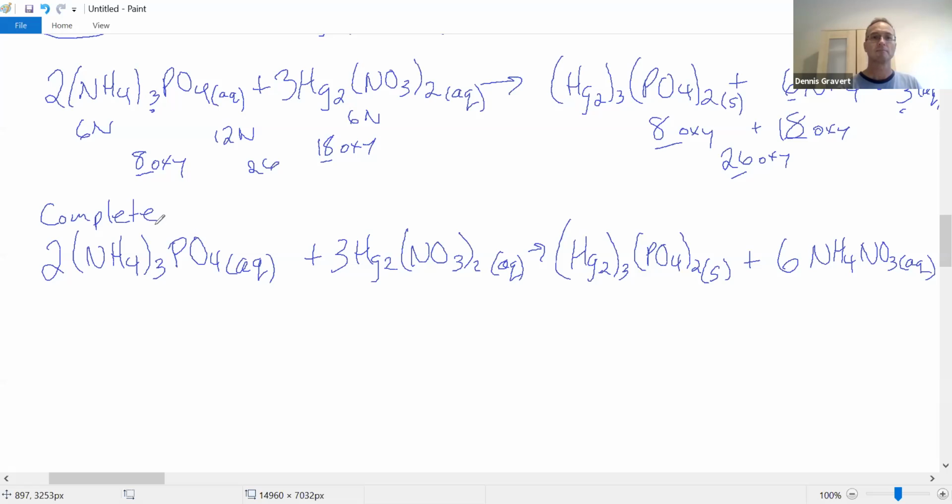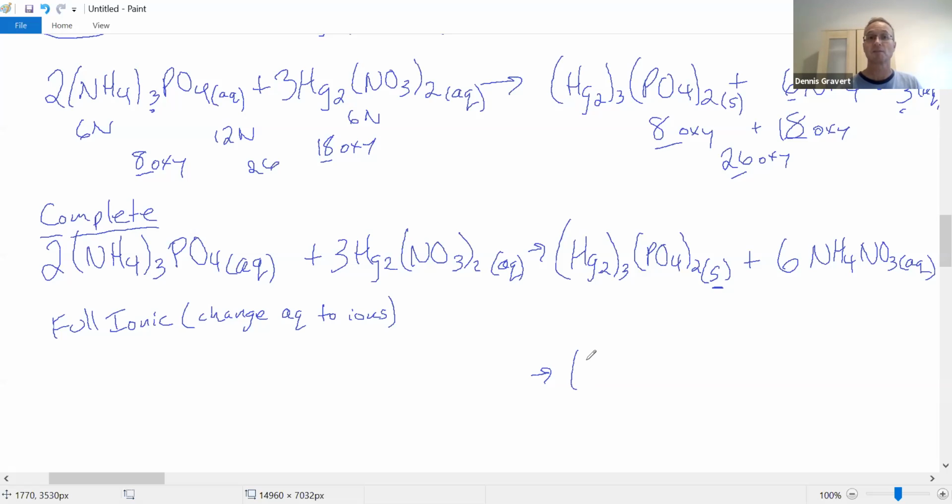This is the complete chemical equation. Let's go after the full or complete ionic. So what you do is just change aq to ions. That's the guideline. So that means leave this compound alone. It's not an aqueous compound.